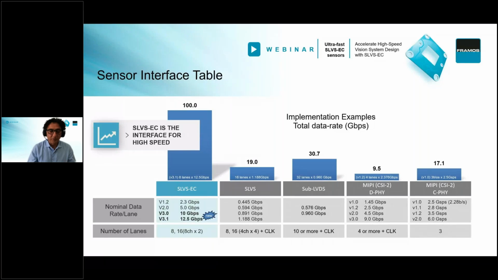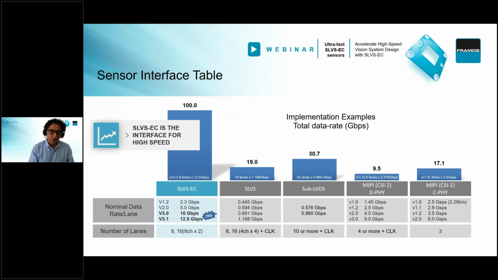The comparison is, of course, telling that SLVS-EC is the interface for high speed or high data rate in general. They come with different versions of the specification, even other interfaces have, but here it is showing how many gigabit per lane can be transmitted with the specific interface.